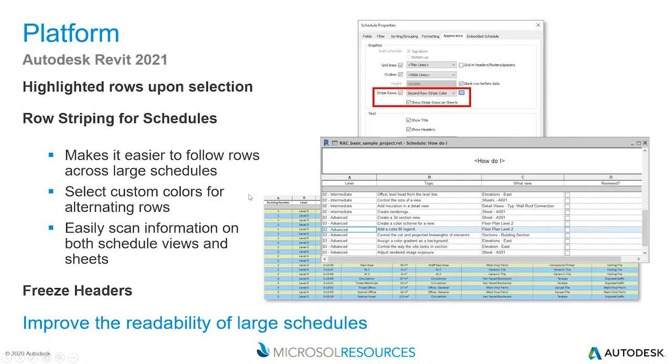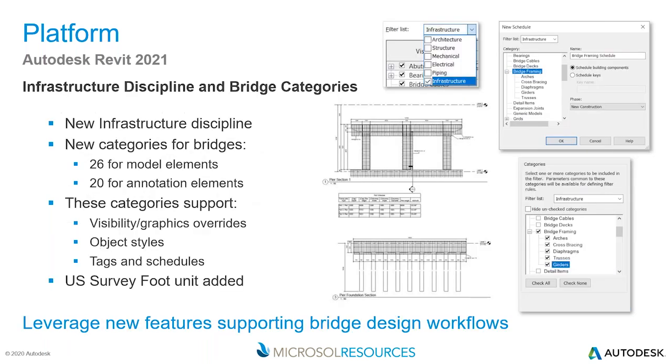Anyway, the bottom line, new feature gives more control over the appearance of schedules, and we need as much control as possible. So as I mentioned, more content, more disciplines. What it means to have an infrastructure discipline is that now there are new categories inside visibility graphics, object styles, in your tags, in your schedules. Being able to filter was always there.